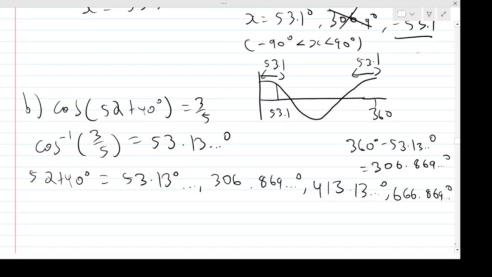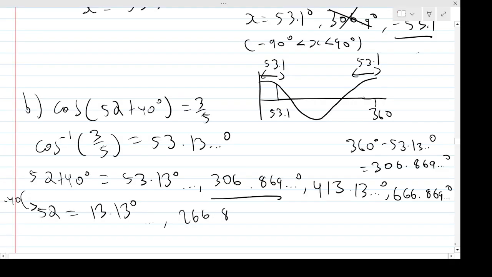So we have 5 alpha add 40. Firstly, we need to get rid of the 40, so then we're left with 5 alpha. And then we subtract 40 from everything. We get 13.13. Then if we subtract 40 from this 306.869, I then get 266.869.